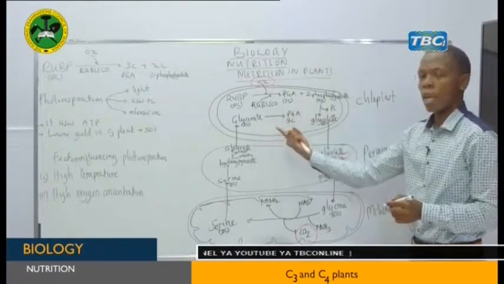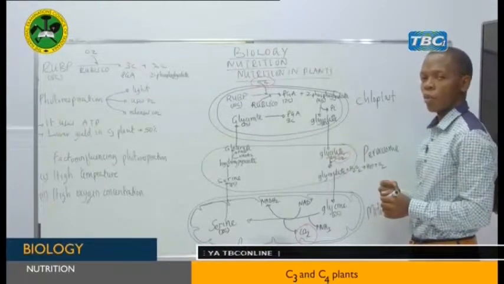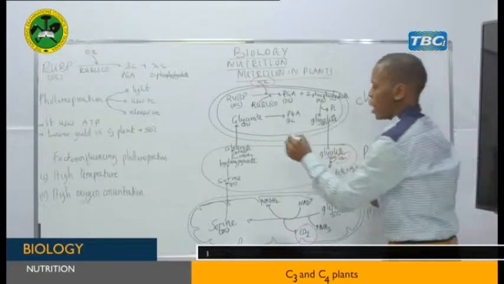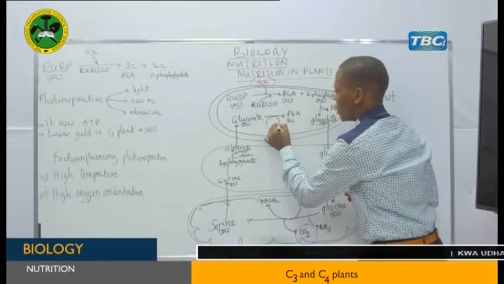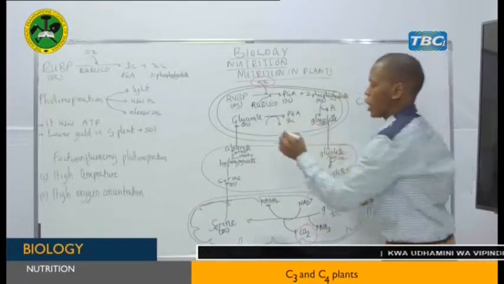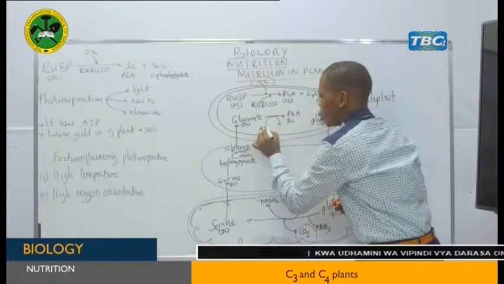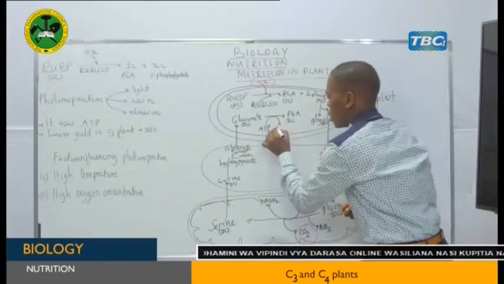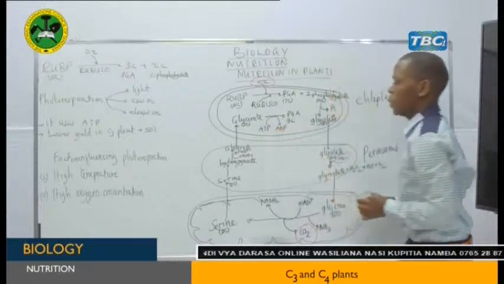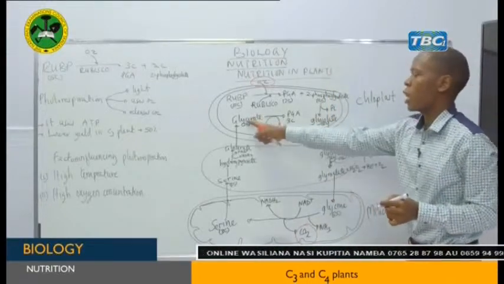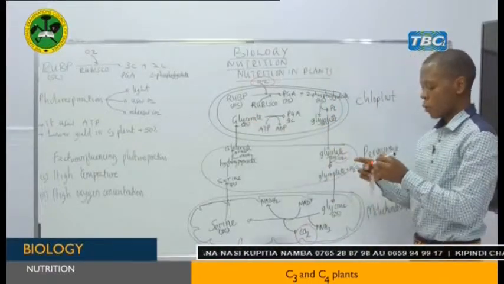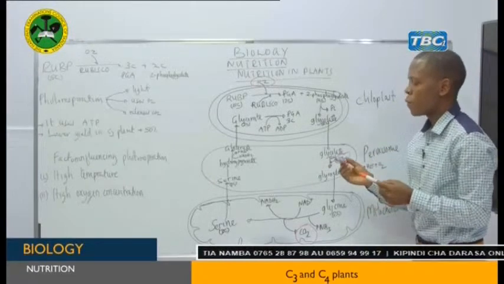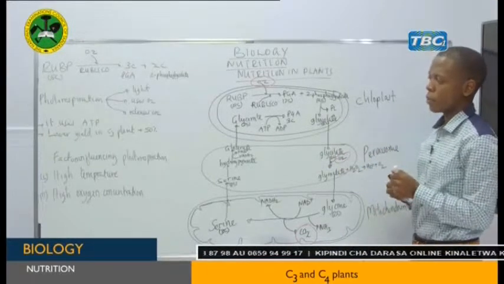But conversion of this glycerate requires energy. Where does this come from? It comes from ATP. It means during this process, ATP is used to produce ADP. It means inorganic phosphate is added to this compound so as to form the so-called phosphoglyceric acid.